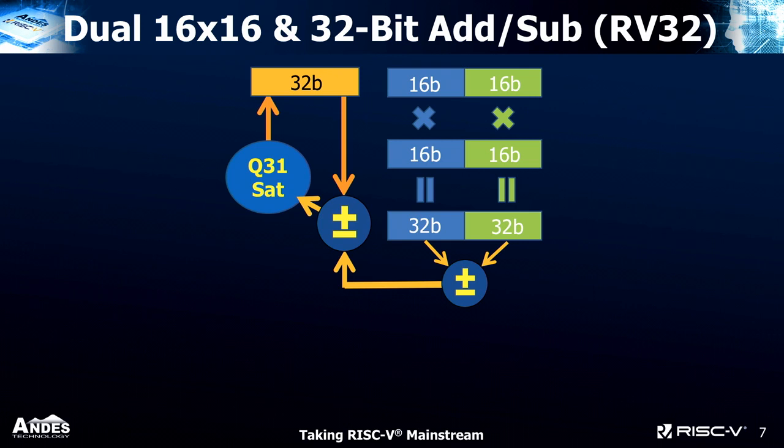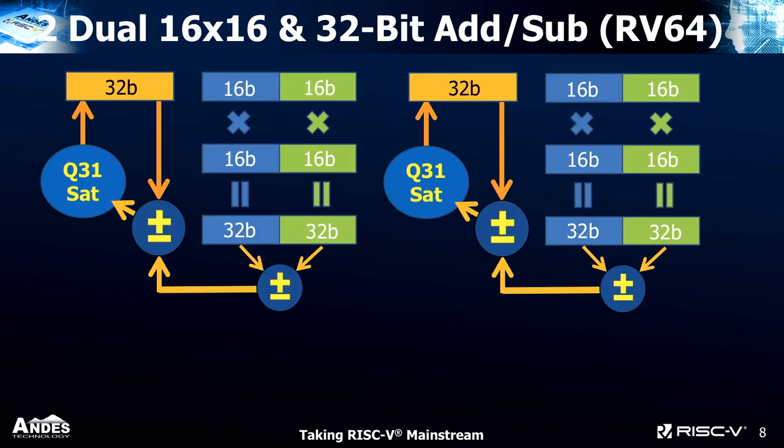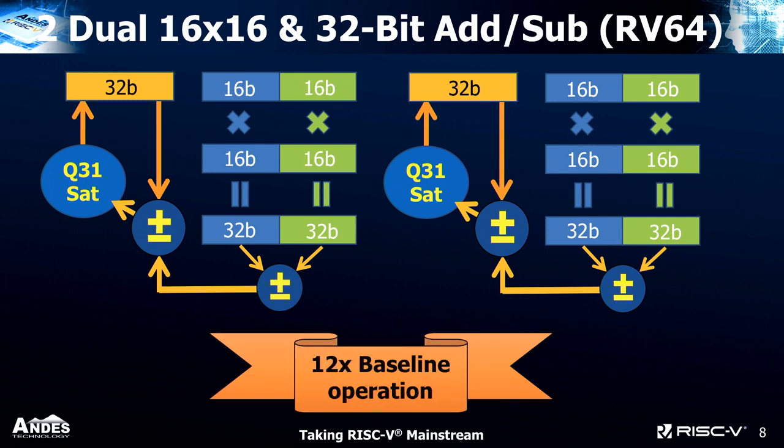It also includes some partial SIMD operations that can do 2 16-bit multiplications and accumulate to a 32-bit result with Q31 saturation. It covers 6 times the baseline operations. For RV64, we duplicate that to make 2 similar operations, and it covers 12 times the baseline operations.